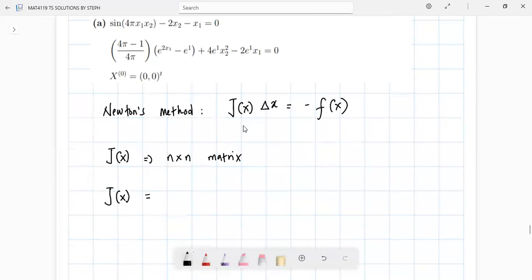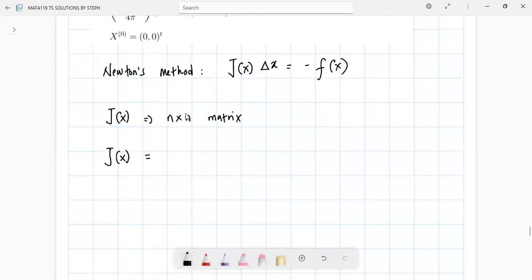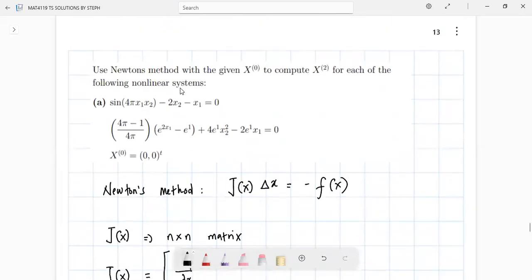For example, with two equations and two unknowns, this Jacobian matrix will be given by the partial derivative of G1 with respect to x1. What is G1? G1 is simply the first equation.